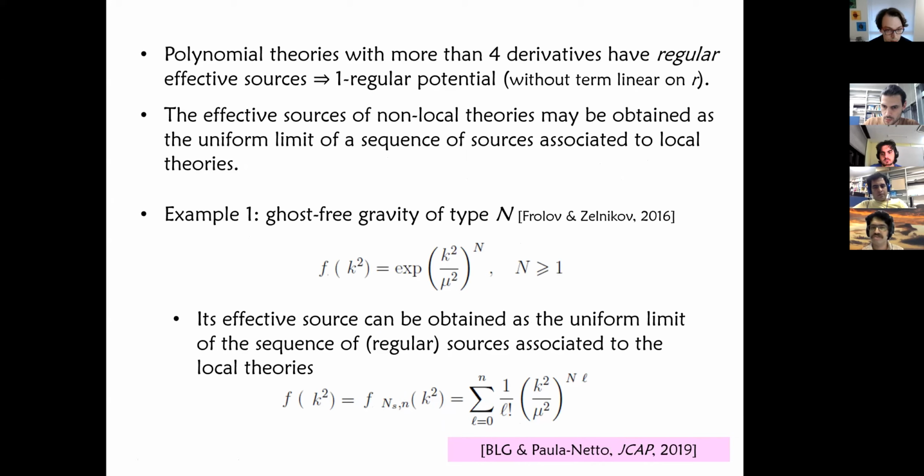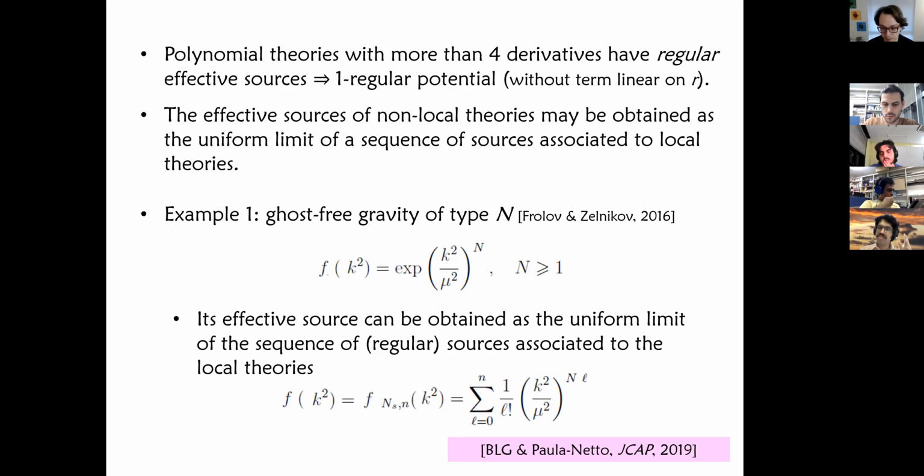And this makes the potential 1 regular, that is, without the term linear in R. And in the case of non-local theories, in some cases you can build the effective source of the non-local theory as a limit of sources of local theories. You can do this, for example, in this ghost-free gravity of type N, that's defined by this form factor. And basically, you truncate the series, you get a polynomial function.